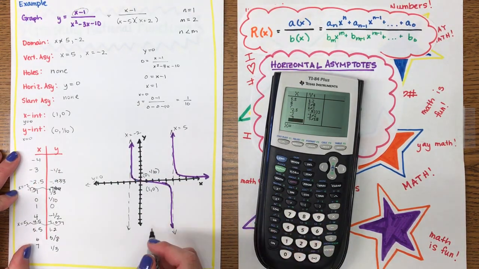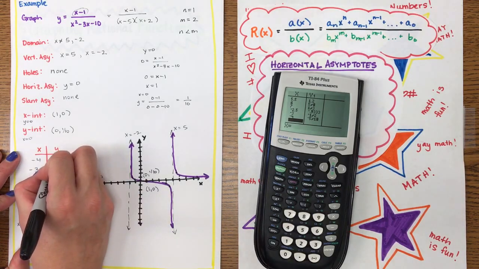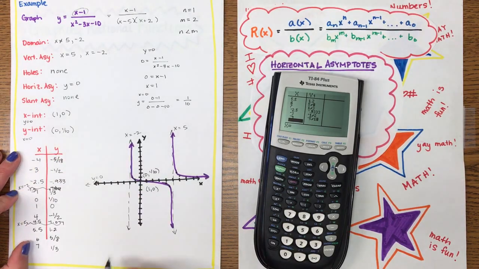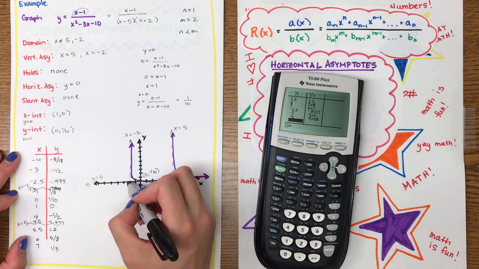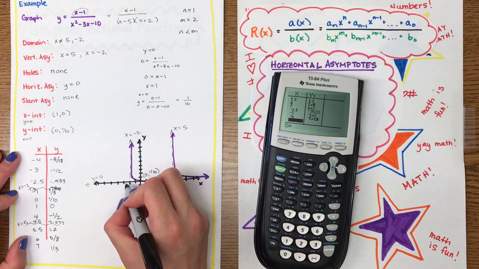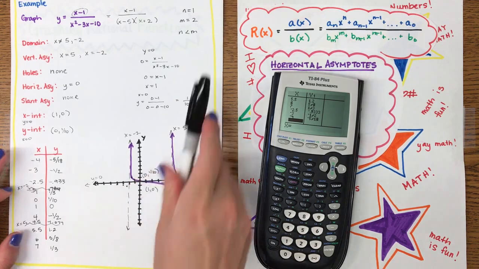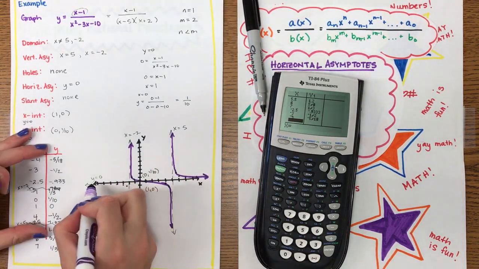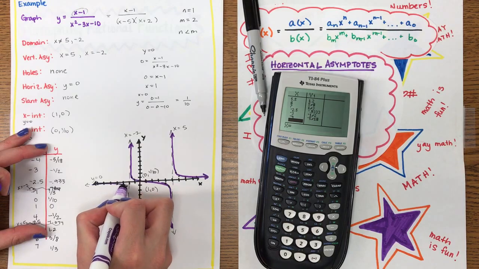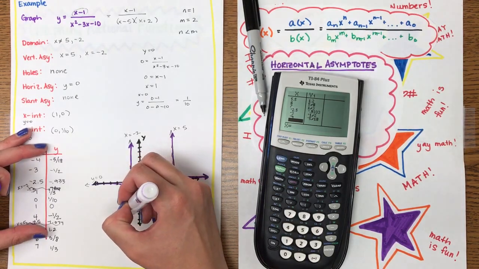And -4 will give me -5/18. So that's going to look like this. I'll have a point here, here, here. It's a little hard to tell, but it is curving in this direction.